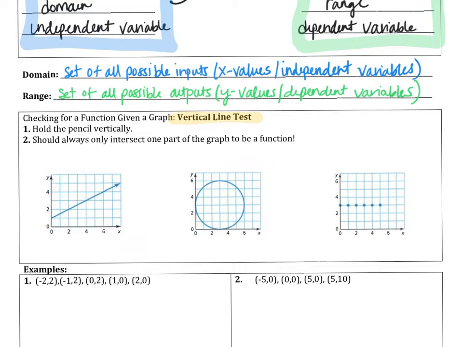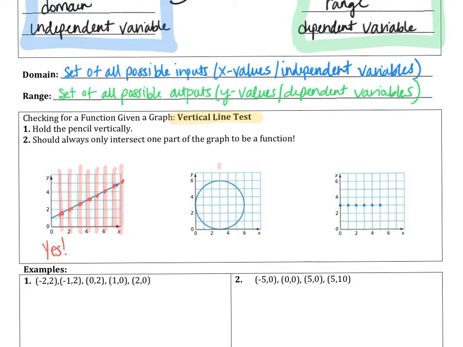So for instance, right here, every time I draw a vertical line, I can see I'm always only intersecting the graph or the function at one point. So that would make this a function.